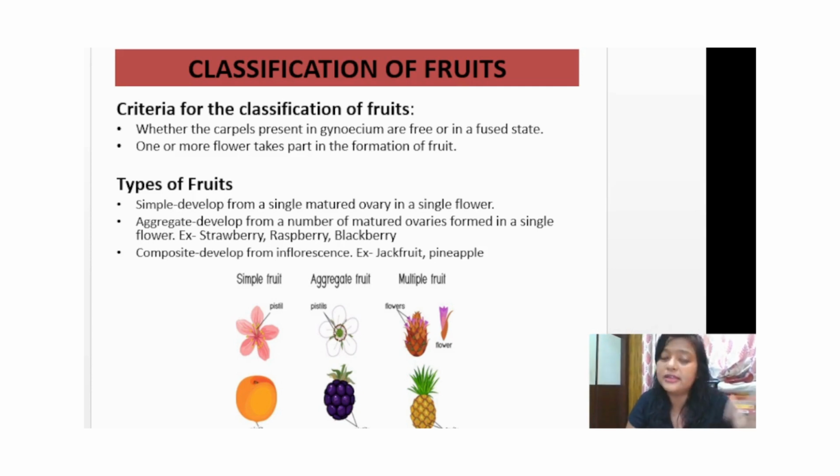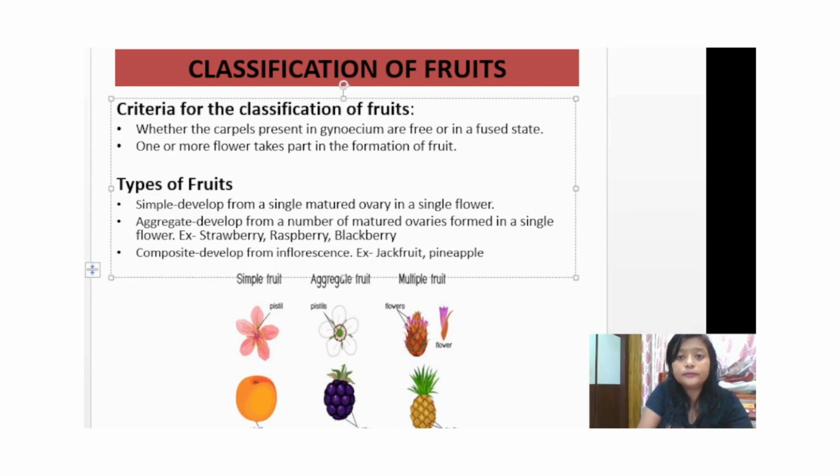So these two are the criteria for classification of fruits. Based on that there are three types of fruits: simple, aggregate and composite. Now I'll just show you one thing.